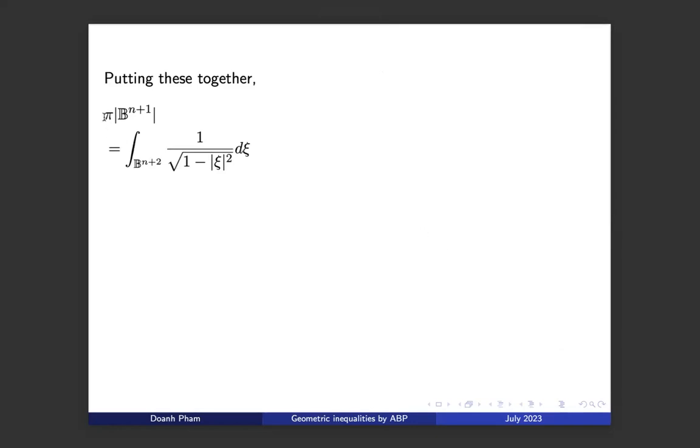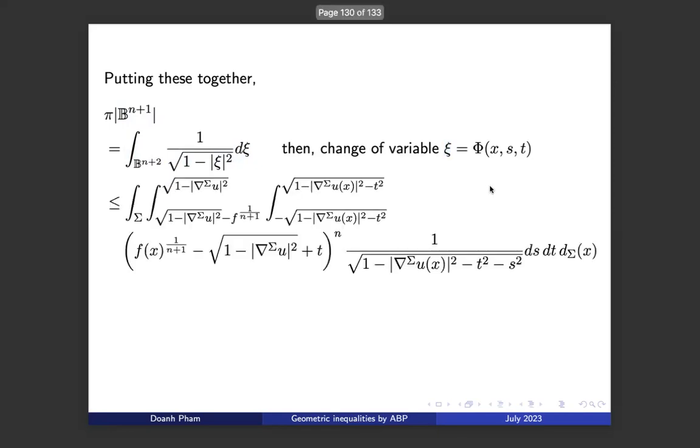So we start with the identity: pi times the volume of the unit ball of dimension n plus 1 is the integral over the ball of dimension n plus 2 of this function. Then we make the change of variable psi equals phi of x, s, t.